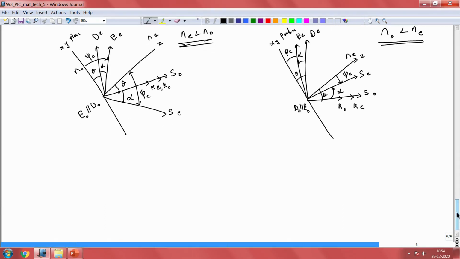The angle alpha between SE and K is defined as alpha, so this is the angle between SE and K. Alpha is nothing but psi E minus theta, and this is what we call the walk-off angle.